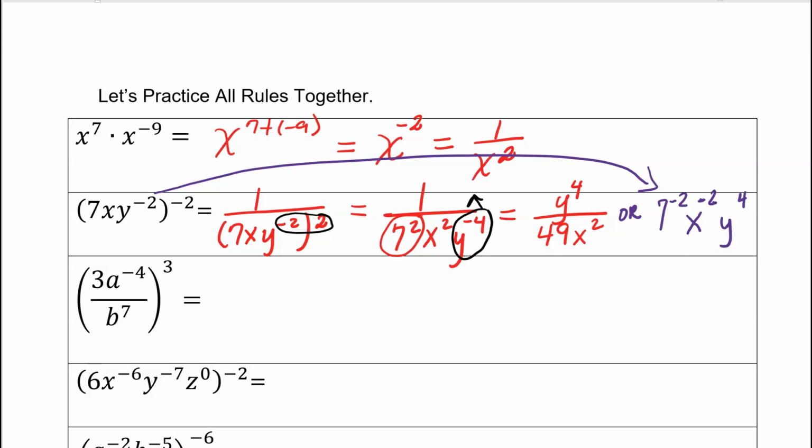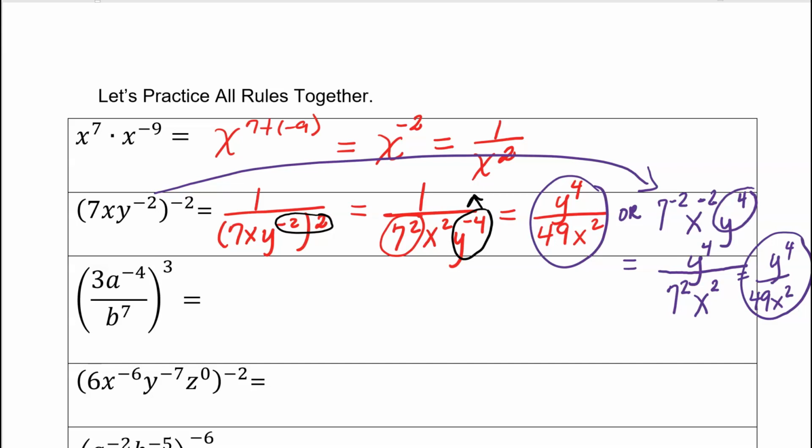We could have done that, but of course we can't leave it that way. Then we notice that the only thing that stays in the numerator is y to the 4th, so I'll rewrite that in the numerator. 7 to the 2nd will move to the denominator, and x to the 2nd will move to the denominator. And as you can see, we still end up with y to the 4th over 49x squared, which is the same answer.